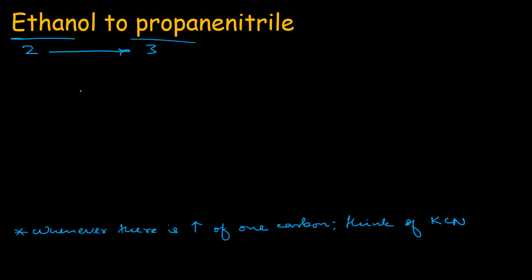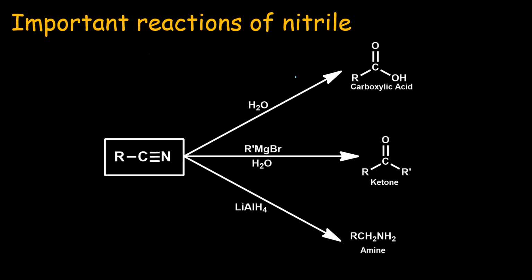So ethanol has OH, and you have to convert this to propane nitrile. Propane nitrile is CH3, CH2, and there will be CN here. We will directly use KCN here, and I will get propane nitrile. Write these 3 reactions.